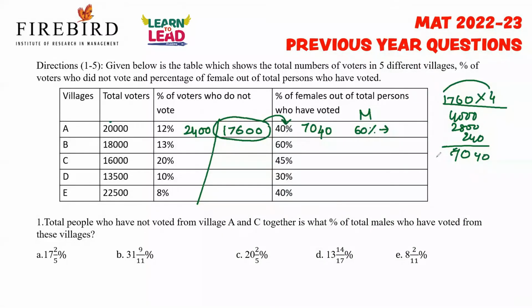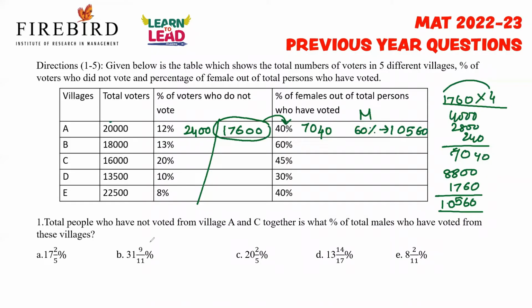First find out 50% of 17,600. 50% is half of the value, that is 8,800, and 10% is 1,760. So 8,800 plus 1,760, 10,560 is your answer. This is how you should calculate the values.